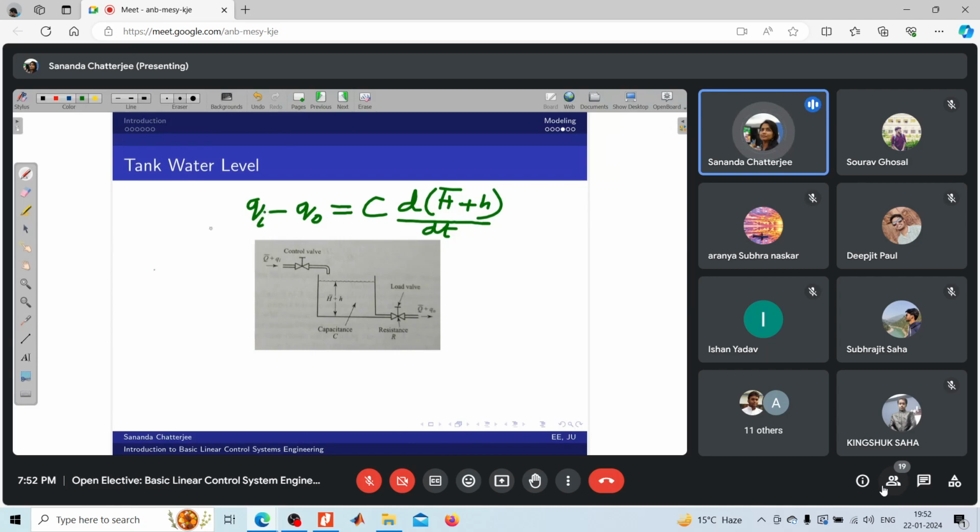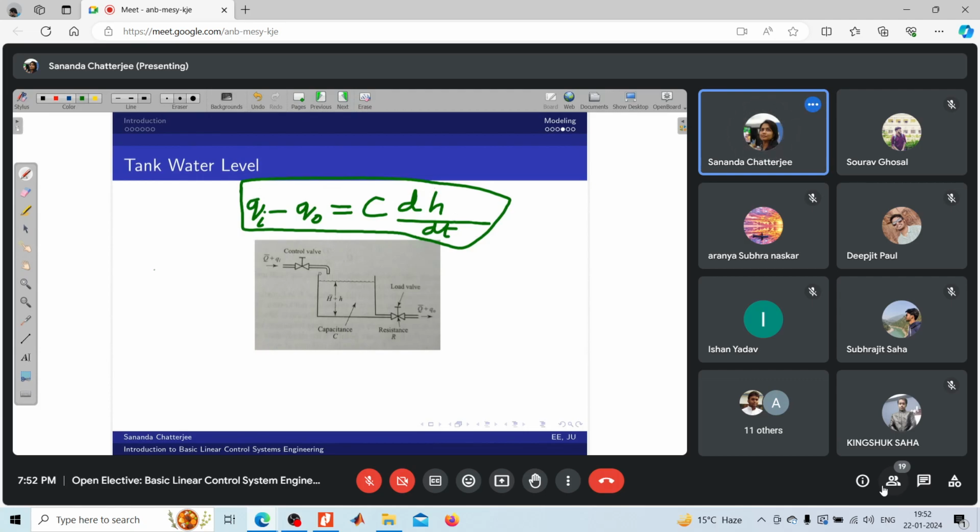This H bar is the steady state height, that is a constant value, so we are only bothered about the change in the small h. So this we can write as the equation related to the volumetric flow.